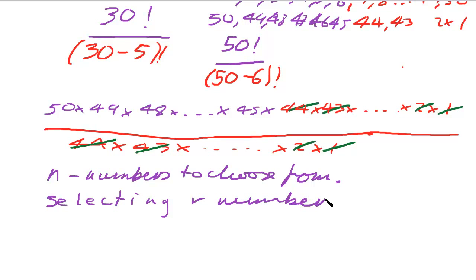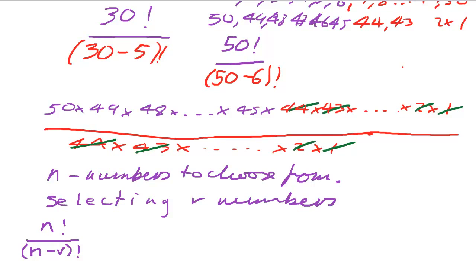So for example, in the first case we had n is 30 and R is 5, and in the second case we've got n is 50 and R is 6, we get the formula n factorial over n minus R factorial. And that shows how we can get a permutation. And remember, this is permutation because we're not worried that the order is mattering here. Of R numbers from n factorial.